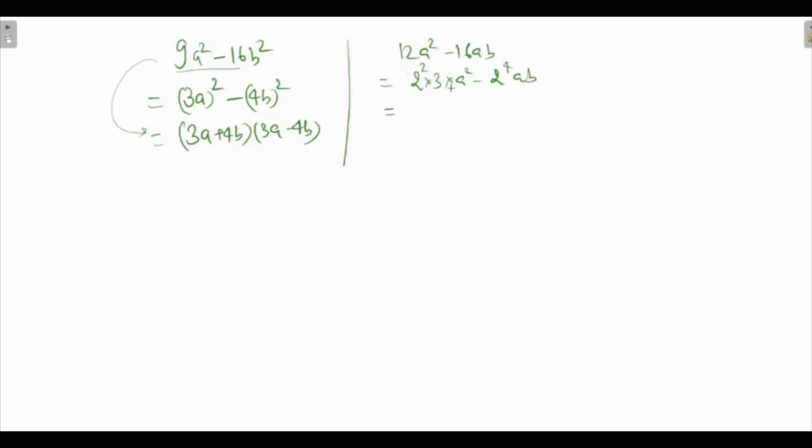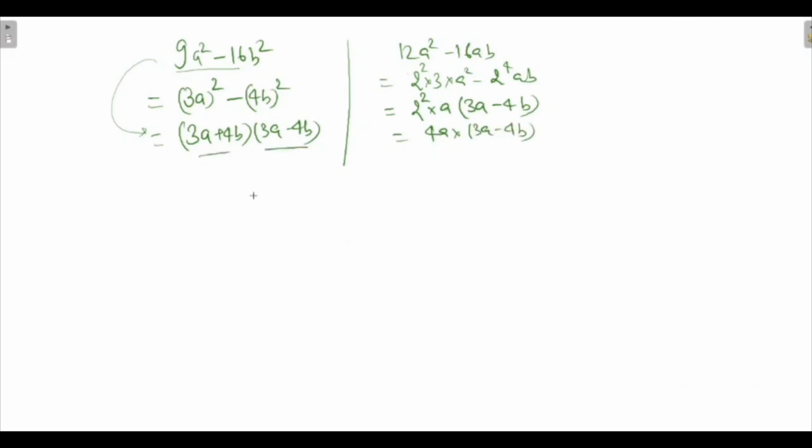What I can take common from both of these is 2 to the power 2 into a. So here I will have 3a, and here I'll have 4b. Now this expression is reduced to 4a into 3a minus 4b, and the other expression is 3a plus 4b into 3a minus 4b.